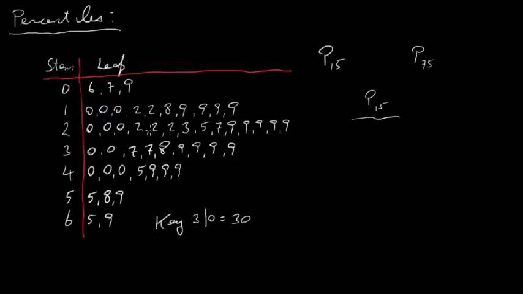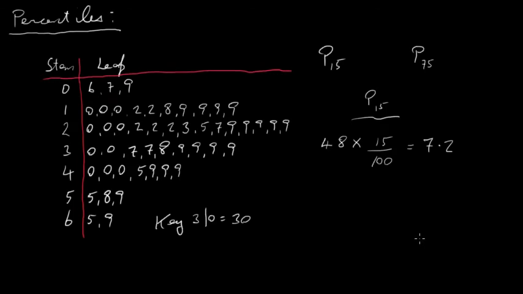So let's look at this. We have 48 numbers here, so I'm going to take 48 and multiply that by 15 over 100, because we want the 15th percentile. 15% is 15 over 100. So 15 over 100 times 48 gives me 7.2.